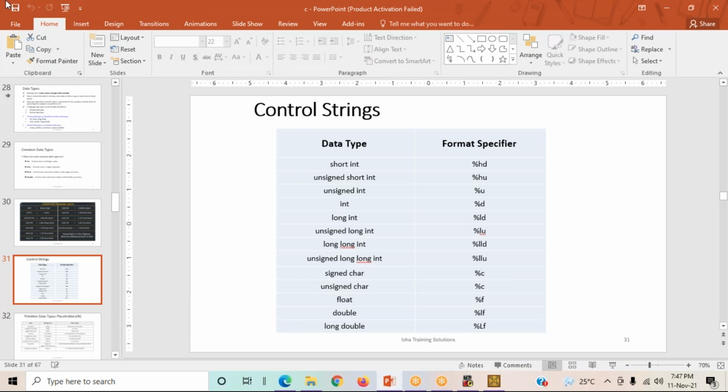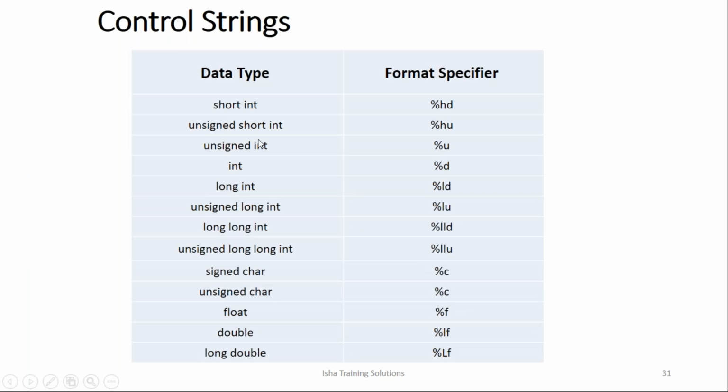Fine. Now we will see what actually this slide is. We are going to have different types of data types here and their format specifiers. Now we have seen the integer type and its format specifier is %d. And we have seen another type, character, char or simply signed char, which is %c.